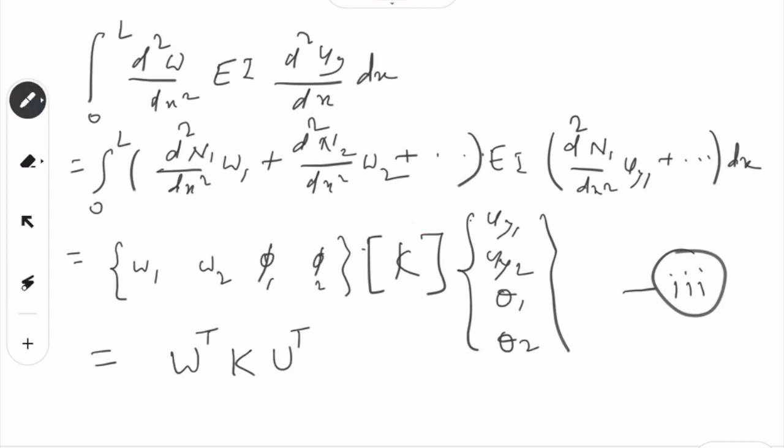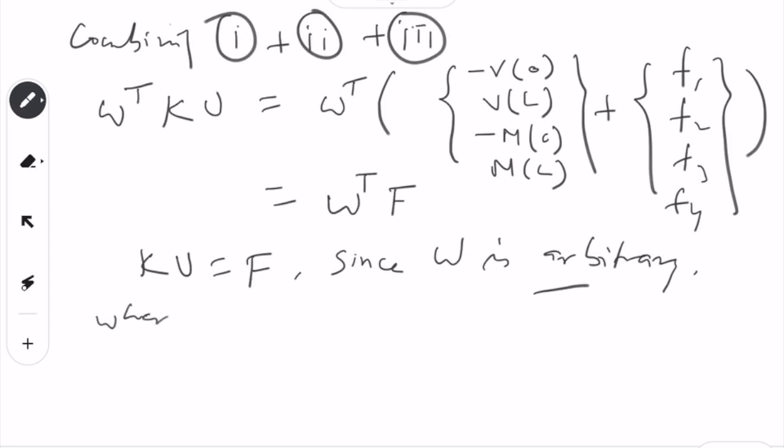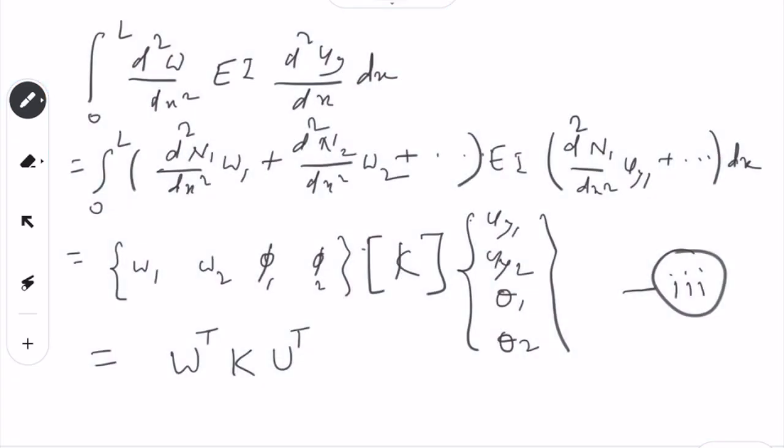where k is given by, you can write where k, okay, let us write the end, okay, where k has k11, k12 and so on, k21 and so on, and this k is given by k ij is equal to, you can look at this and you can find out, right.